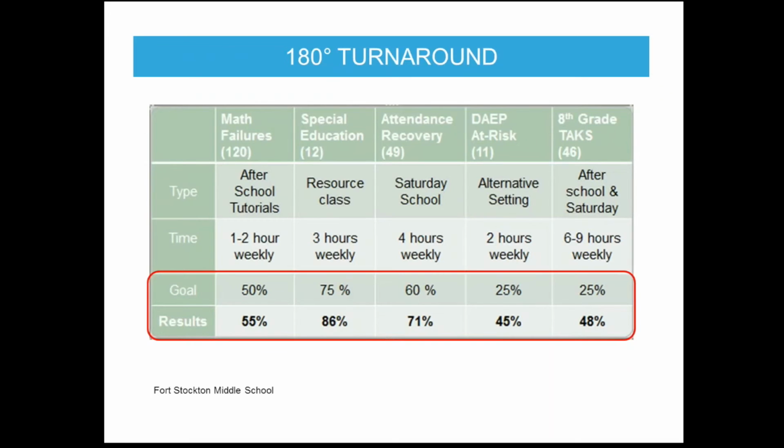And they had less than a 58% proficiency rate with their special education students at grade level. The goal, which was an ambitious goal by their principal, was 75% proficiency after using Ascend for a 6-month period, and the actual result was 86% proficiency at grade level.